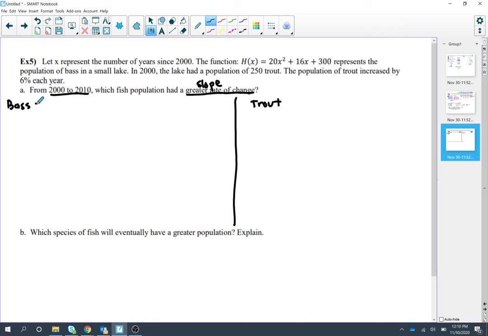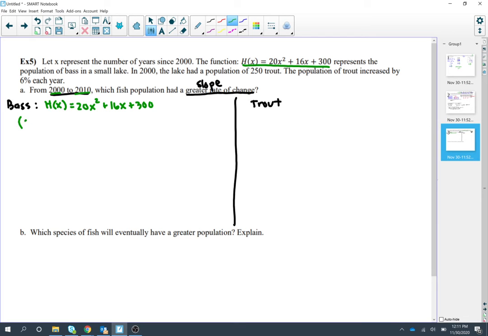Now, if I'm dealing with my bass, I have this function up here that represents my population. So we're dealing with h of x equals 20x squared plus 16x plus 300. And we need 2 points to find the rate of change. Well, we're doing from 2000 to 2010, and x represents the amount of time since 2000.